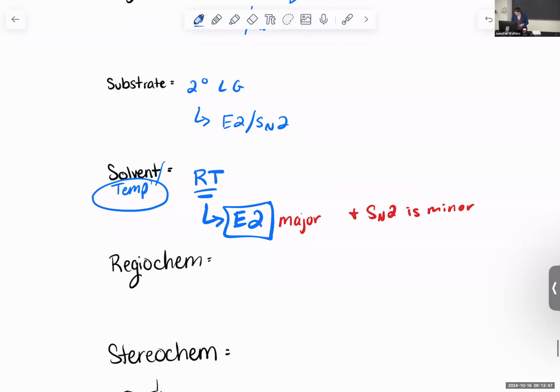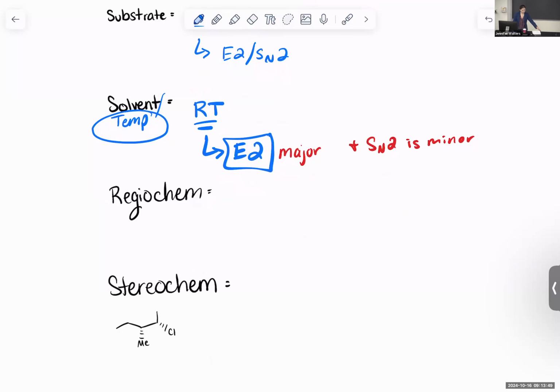When we go to consider our regiochemistry, what do we need to look at for elimination? Regiochemistry, remember, is picking between the left and the right side: which hydrogen do we take. So what do we need to look at to know which side we attack? Yeah. We would need to figure out, do I have beta hydrogens?